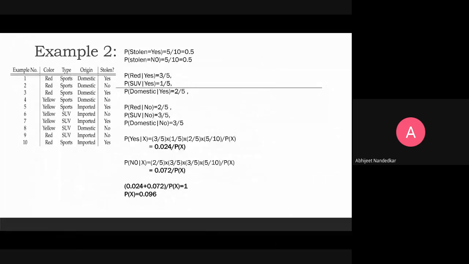So we can answer the final question. So what is the final question? The final question is this: probability of getting stolen given X. X is those 3 values of these 3 variables, that is color is red, type is SUV, and origin is domestic. Okay, so use now Naive Bayes.